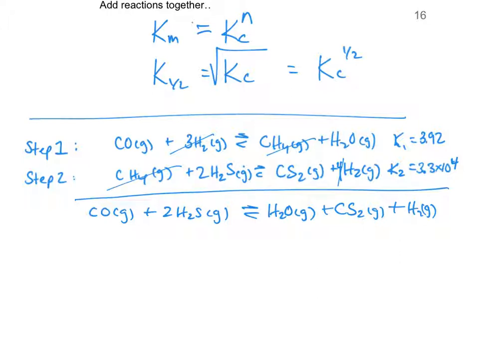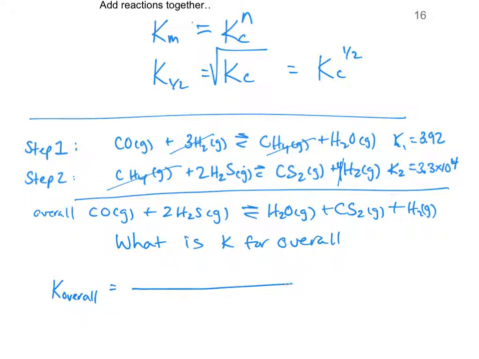Okay. So what is the K value for this overall reaction? Let's first start by writing the equilibrium constant expression for the overall, just simply using the concentrations of reactants and products.